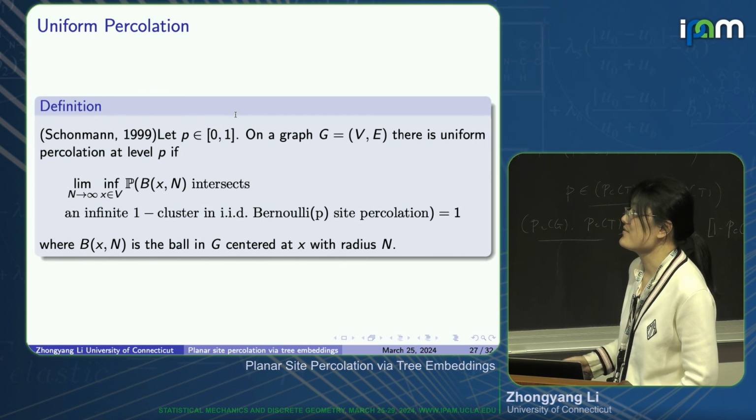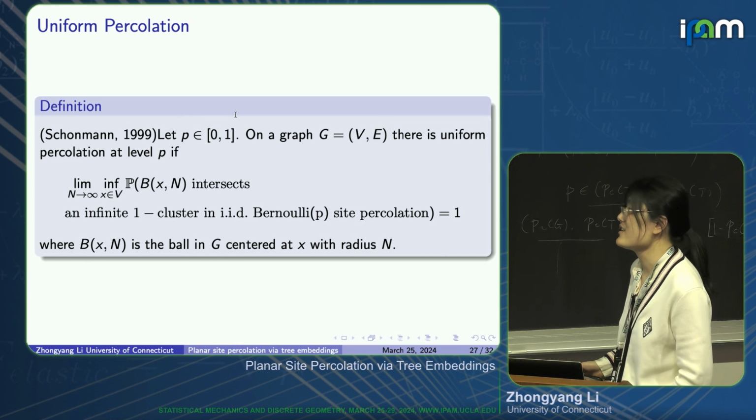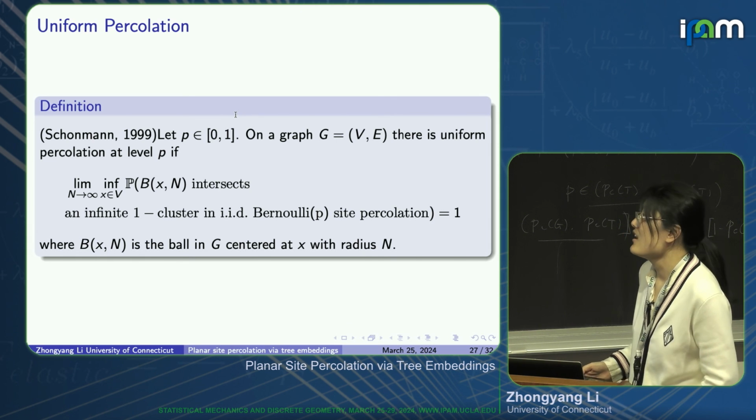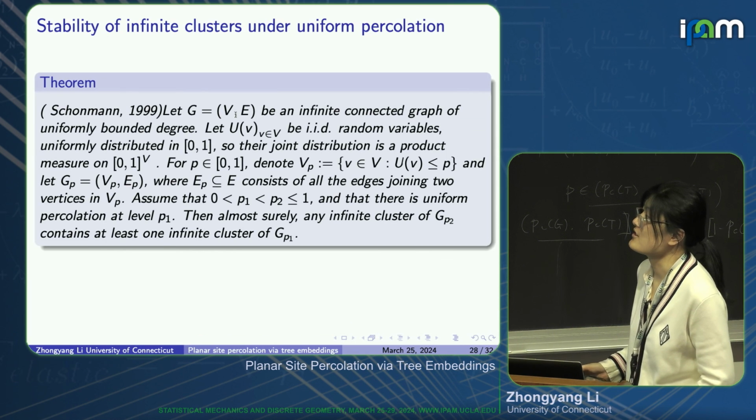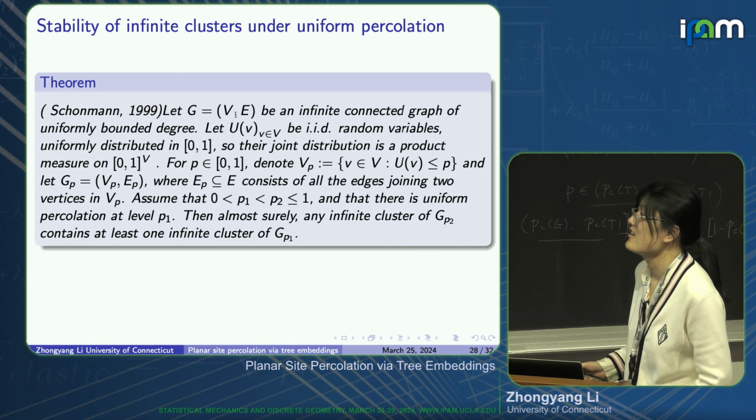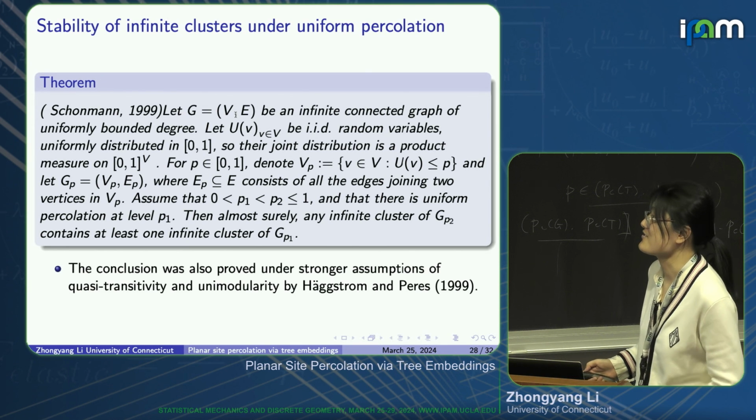As n goes to infinity, the probability that this tree will intersect an infinite cluster converges to 1 uniformly, because all those trees are isomorphic and P is greater than PC of T. If we use this tree version of uniform percolation, this also almost removes the bounded degree assumption, because those trees already have a fixed vertex degree.